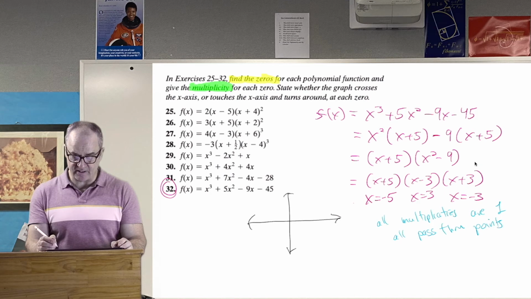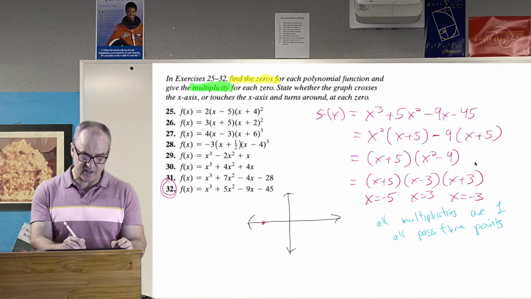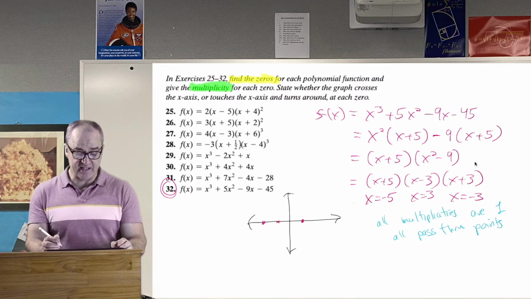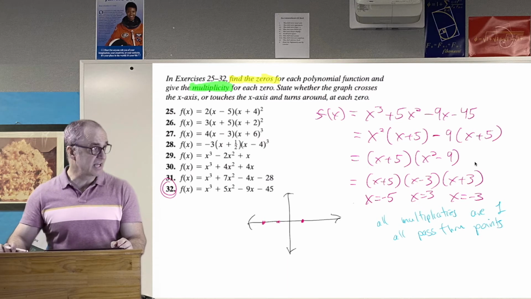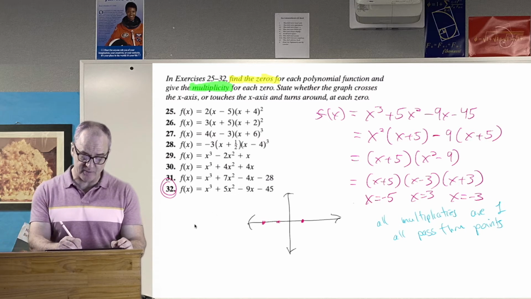I know that the zeros are at negative 5, negative 3, and positive 3. I know that it is a ballerina in its end behavior because it is a positive leading coefficient and an odd degree polynomial. So it's going to look something like that.